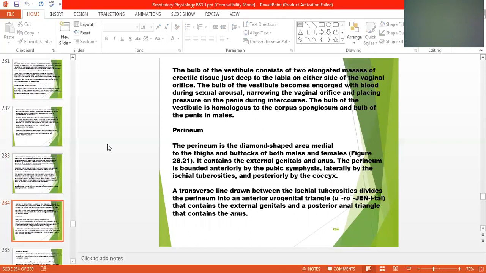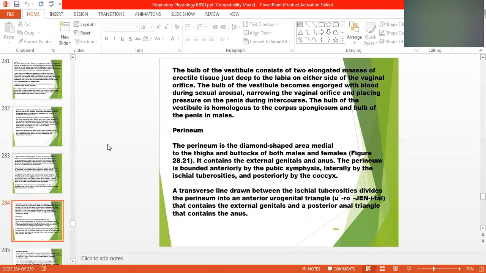The bulb of the vestibule consists of two elongated masses of erectile tissue just beneath the labia on either side of the vaginal orifice. The bulb of the vestibule becomes engorged with blood during sexual arousal, narrowing the vaginal orifice and placing pressure on the penis during intercourse. The bulb of the vestibule is homologous to the corpus spongiosum and bulb of the penis in the male.